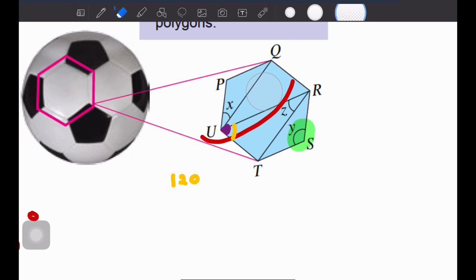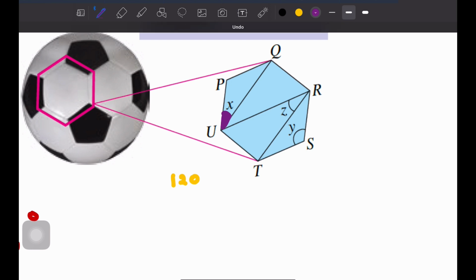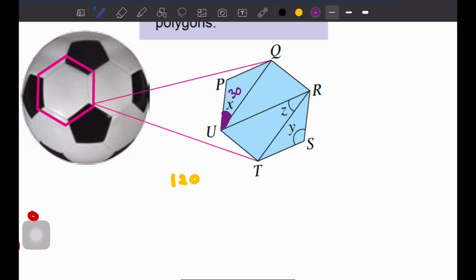Let me erase. Here we already have 30. Now look here. This one is parallel, so this is an alternate angle. So over here z, and over here also z.